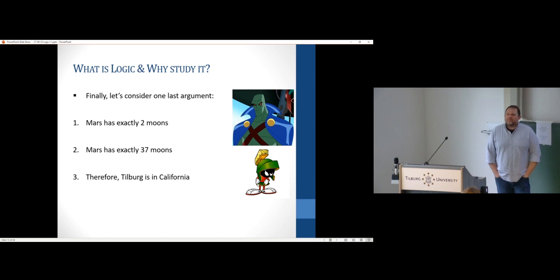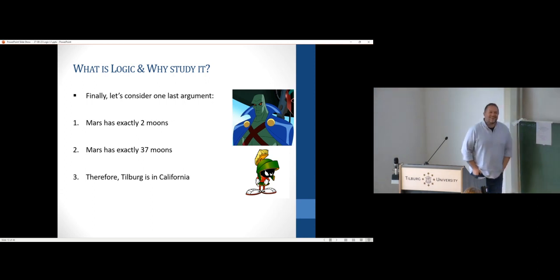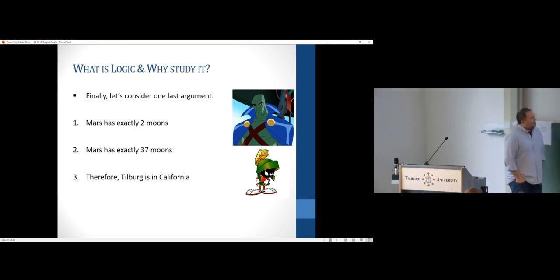Anything weird about our argument? Both the premises can't be true at the same time. Yeah, right? There's something wacky about premises 1 and 2. If 1 is true, what's the truth value for 2? It's false. It's got to be false. And if 2 is true, what's the truth value for 1? It's got to be false. Weird. Funny, right? So with that in mind, is it possible for all of our premises to be true?